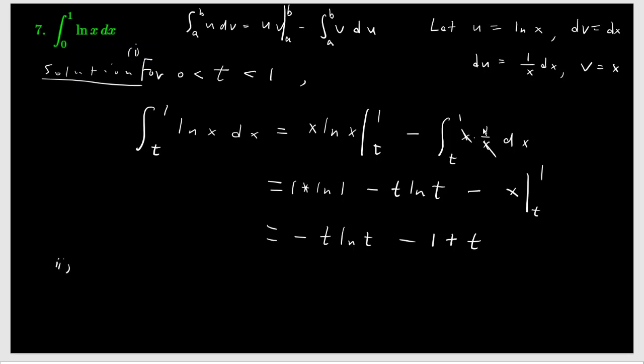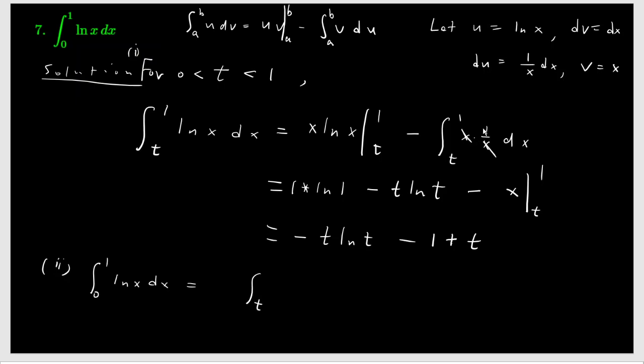In the second step, I'm looking for the definition. Originally, we wanted to compute the improper integral of natural log of x from 0 to 1, right? The x value of 0 is the reason we have an improper integral.